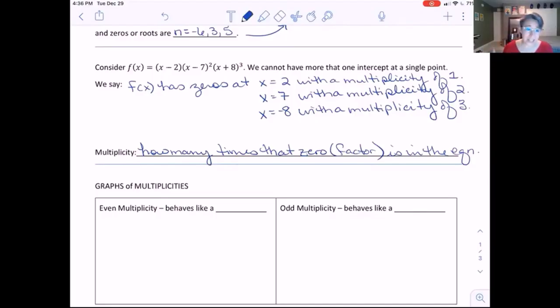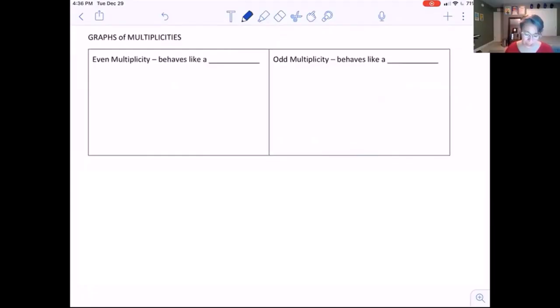Now, how does this help us? The multiplicities of the zeros help us figure out the behavior at that x-intercept. Graphs of even multiplicities behave like an x squared, like an even polynomial. Remember, those are parabolas.